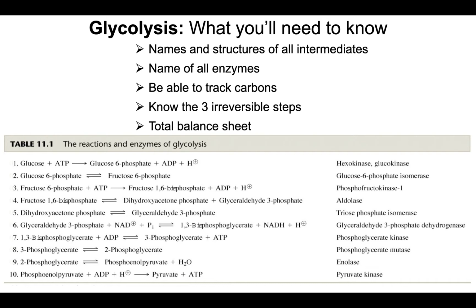So what you'll need to know about glycolysis for the exam is I want you to know the names of each of the intermediates, and I want you to know the structure of each intermediate.